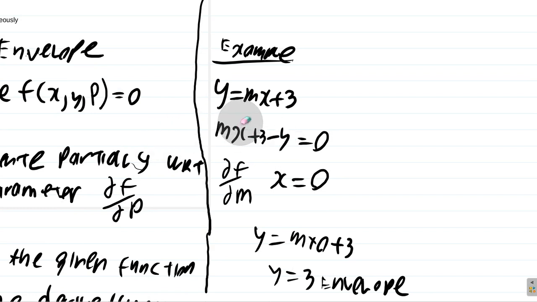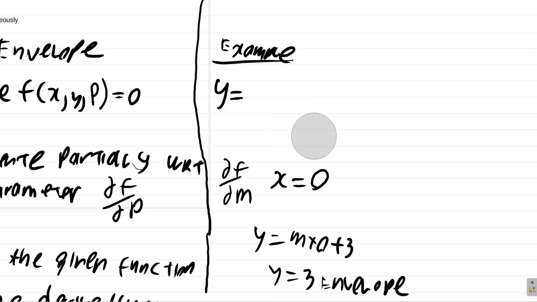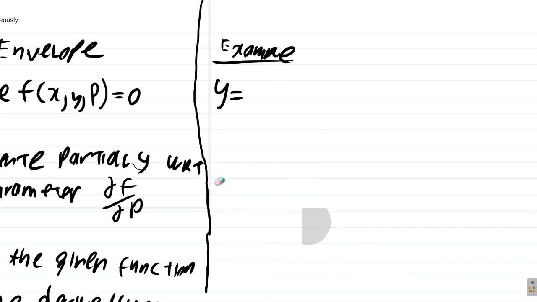Suppose we have y equals a specific number times x plus our parameter. y is equal to x plus c.